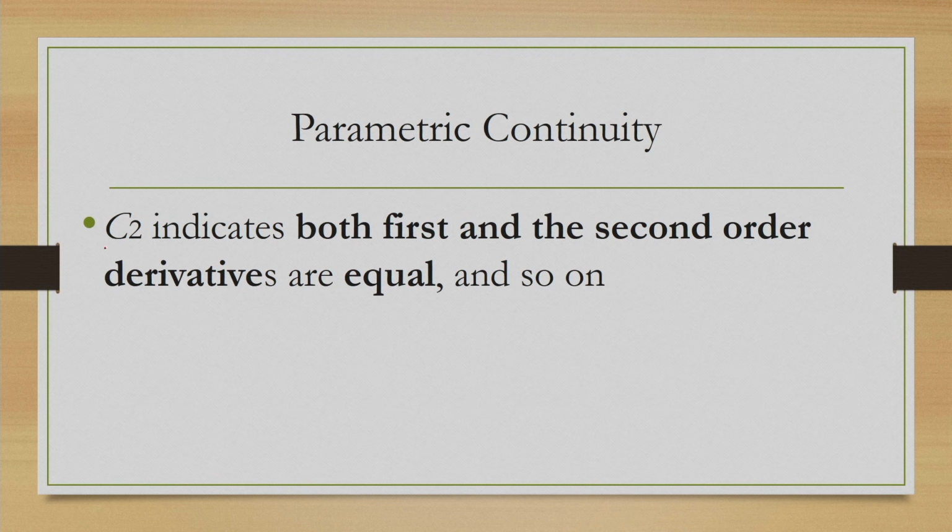In a similar way, C2 indicates that both the first and the second order derivatives are equal at the common boundary, and in this way we can go on. But since in graphics we mostly focus on third degree polynomials, so we are mostly concerned with these continuity conditions up to C2.